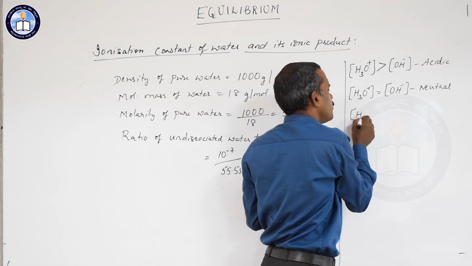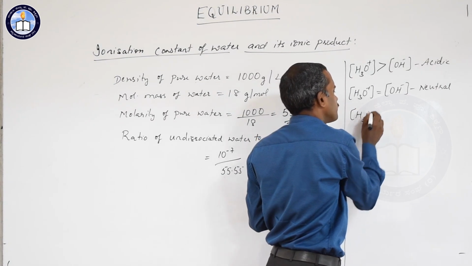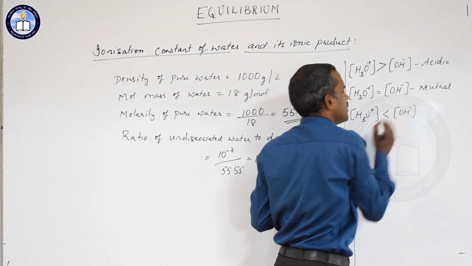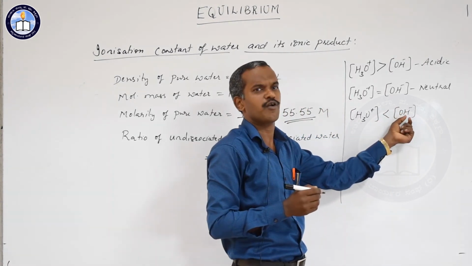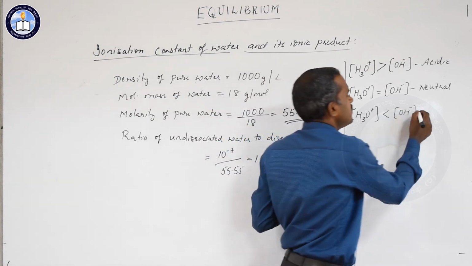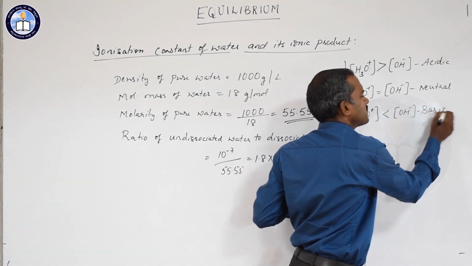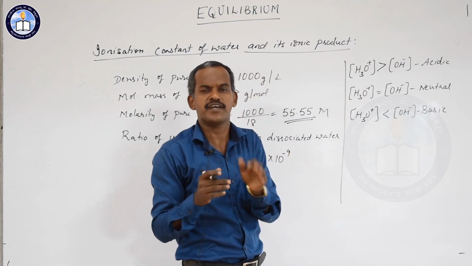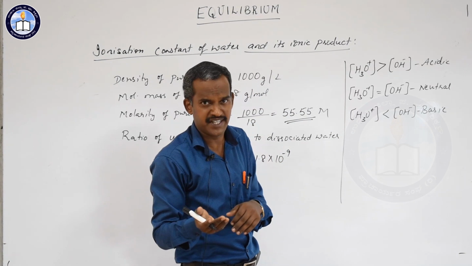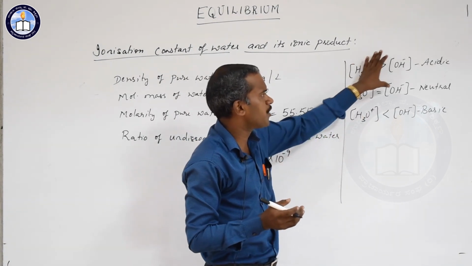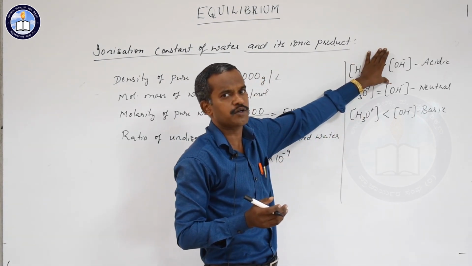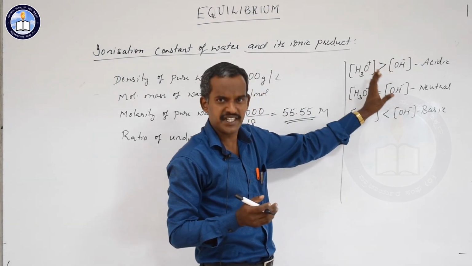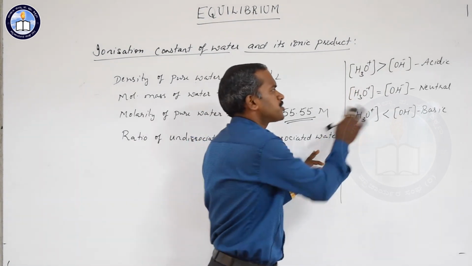Whereas if the hydronium ion concentration is less than the hydroxyl ion concentration, or the hydroxyl ion concentration is greater, then the solution becomes basic. Whether the solution is acidic, basic or neutral, we can discuss based on the pH scale in detail later, but based on the hydronium and hydroxyl ion concentrations we can predict easily whether the solution is acidic, basic or neutral.